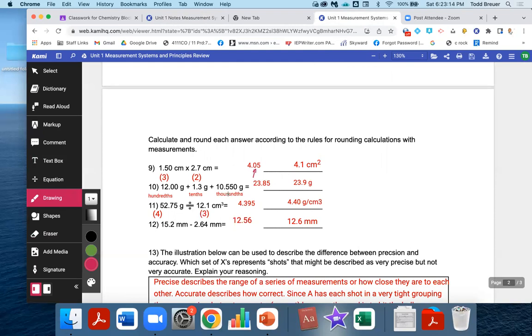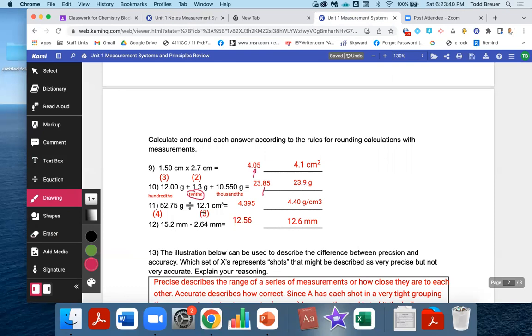And 10.550 is exact to the thousandths. Tenths is less exact than any of those measurements. So we do the calculator math. We get 23.85, but we round the tenths position, this 8, because tenths are the least exact decimal location in the data. So I look past the 8, I see a 5, I round it up to 9.